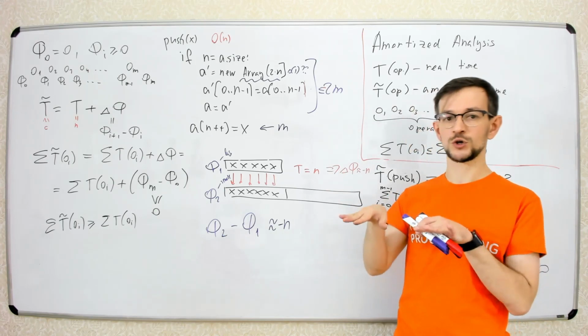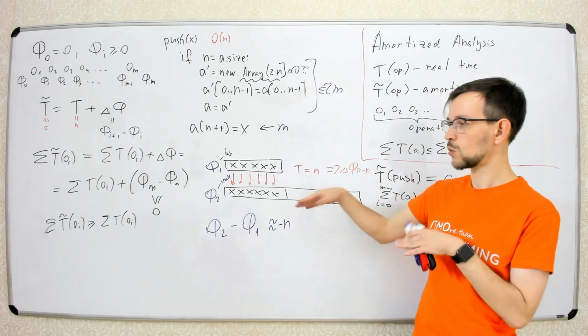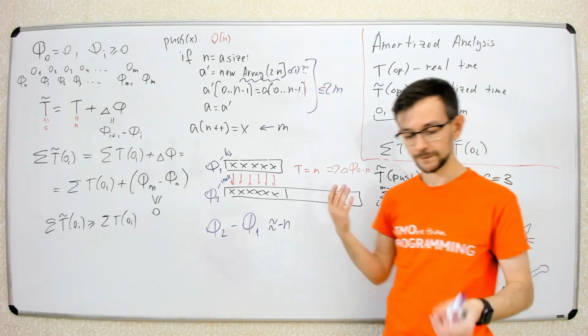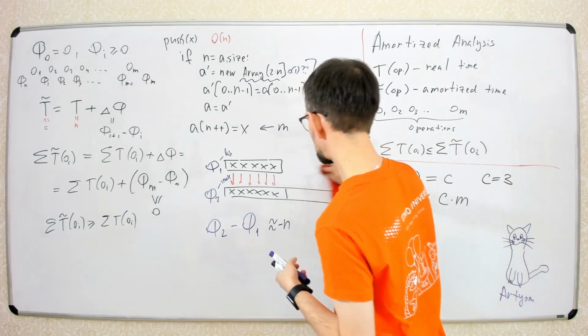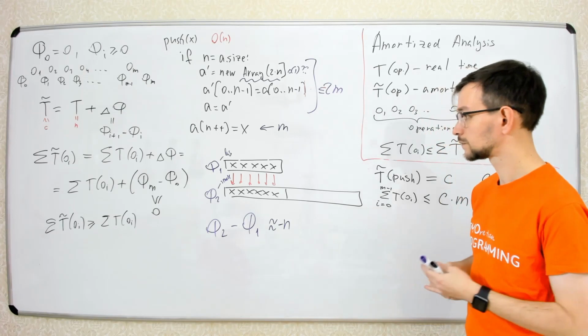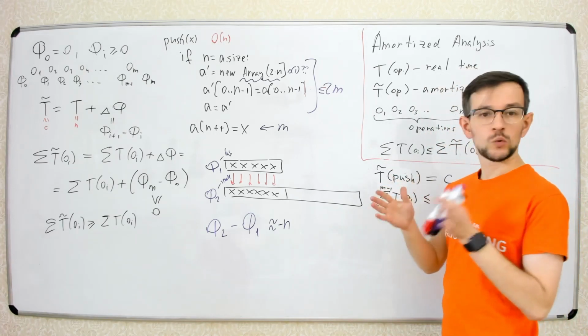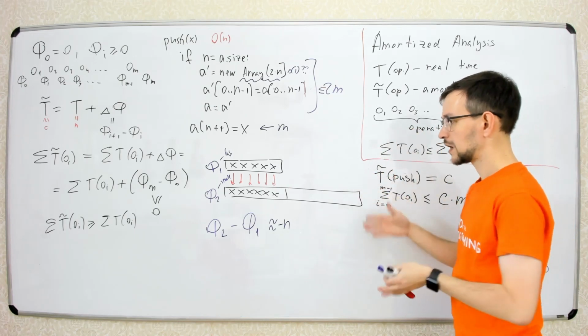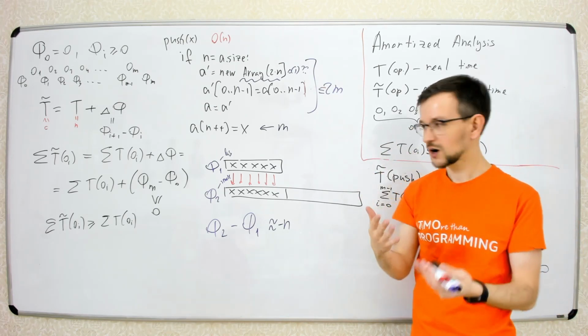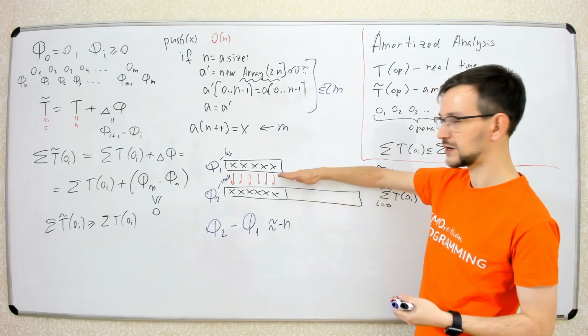That's the kind of intuition you want to have when you want to find a good potential function. Again, you just look at this picture and find something which is small here but big here.